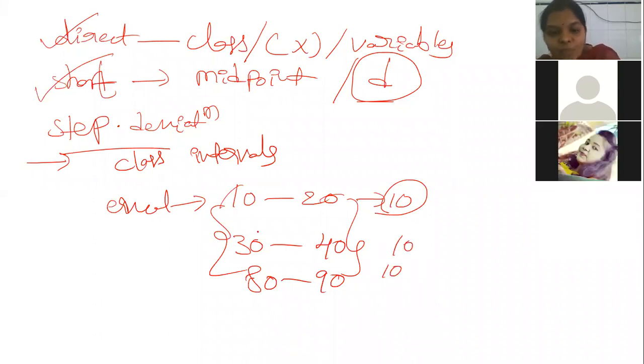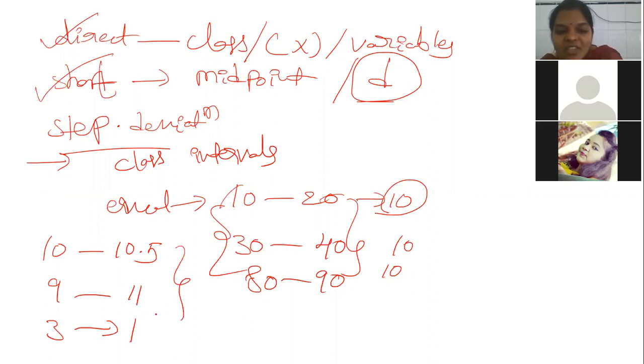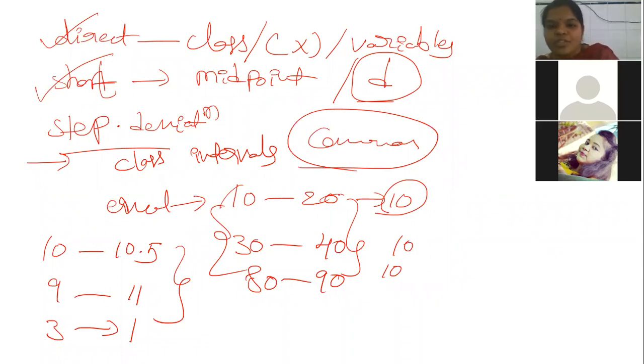If we have unequal class intervals in our data, that will be 10 to 10.5, or you have 9 to 11, or you have 3 to 1. In such cases, you need to select a common factor. While doing a problem, how you can select your equal interval or unequal interval, you will see by doing the problem only. Okay. So first, just remember this point. You have to write it.